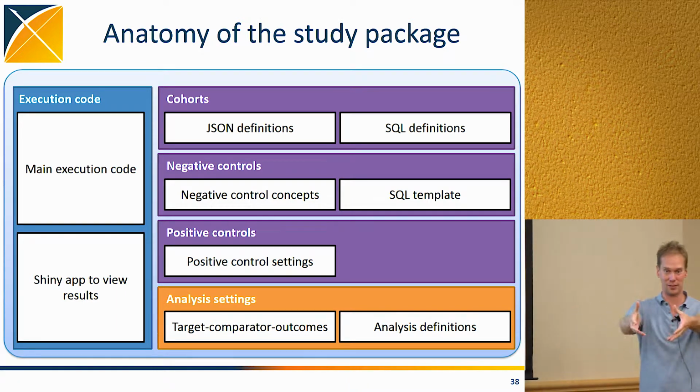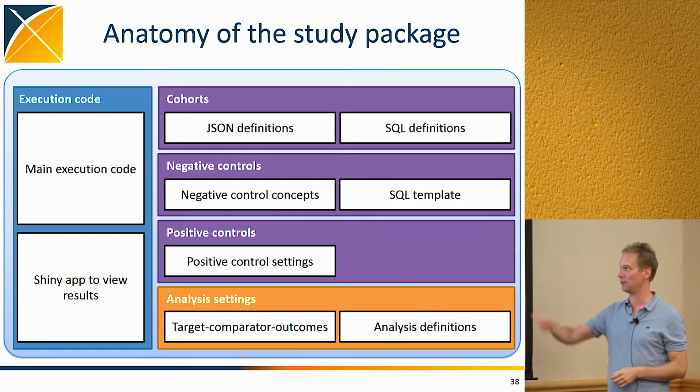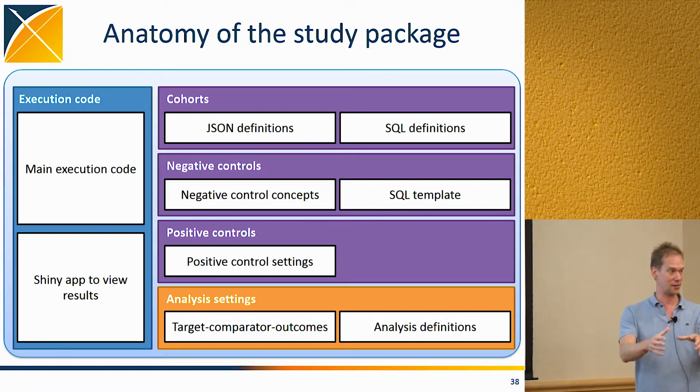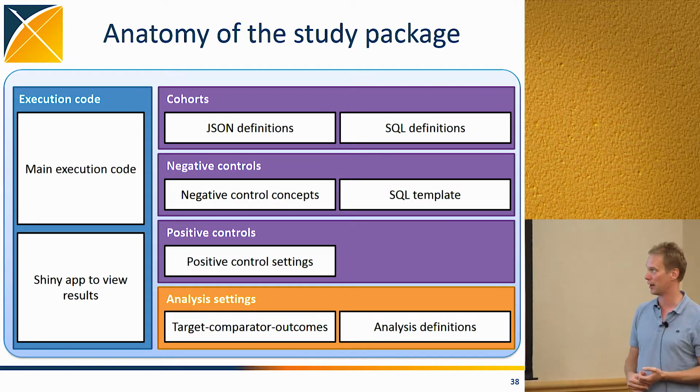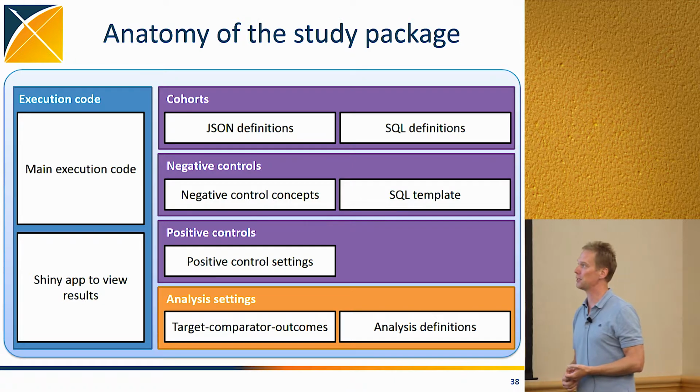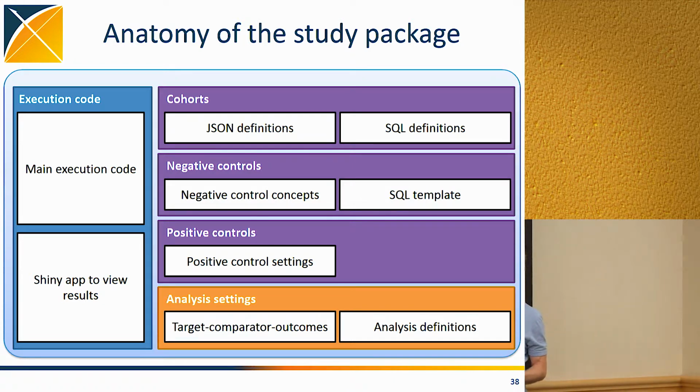That means you can send it to a completely different site, tell them to run execute, and on that side, magically you will have the T, C, and O cohorts instantiated and ready for use by the Cohort Method package.